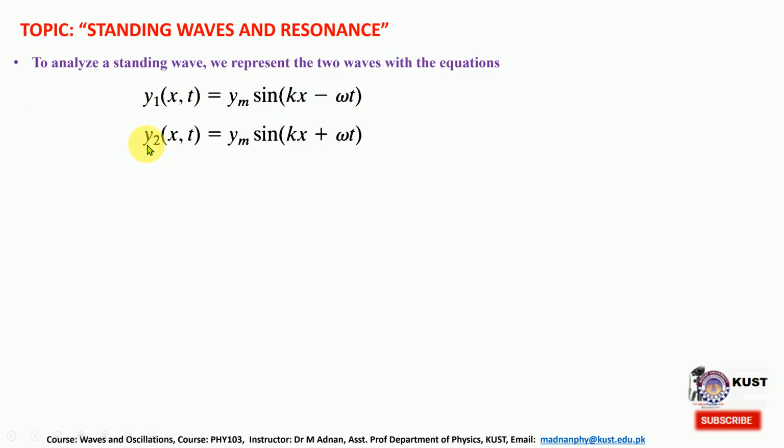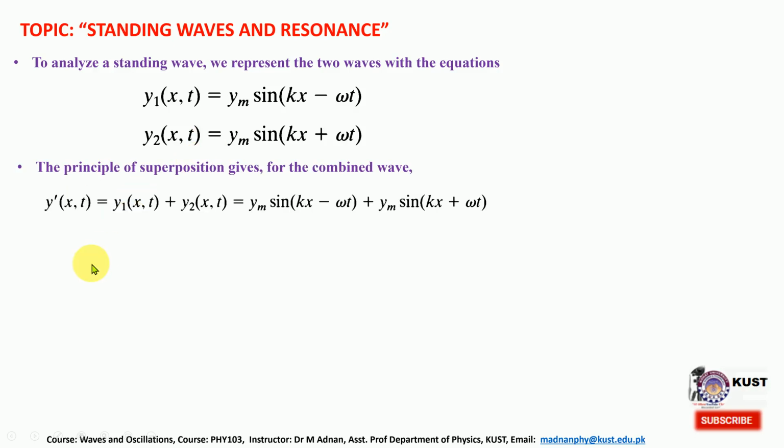Now the second wave, y2, has identical amplitude, frequency and wave number, but with this positive sign, it means they are moving in the opposite direction. Let's say the first one is moving towards the right, the other towards the left, so that they approach each other, and the superposition principle will give us the resultant wave.